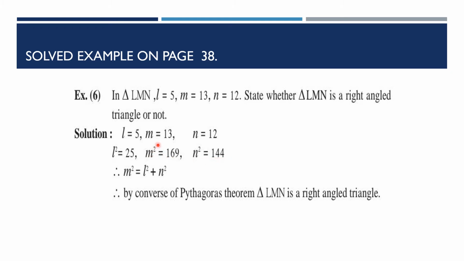Now this is the biggest number here and its square is 169, and this 169 is equal to 25 plus 144, and therefore M square is equal to L square plus N square. Therefore by using the converse of Pythagoras theorem or by using the property of Pythagorean triplet, we can say that triangle LMN is a right angle triangle.